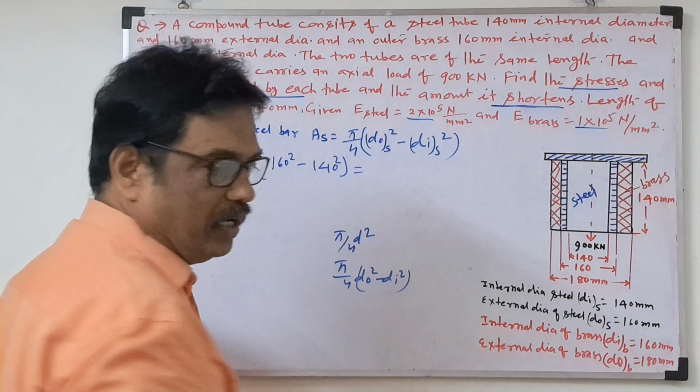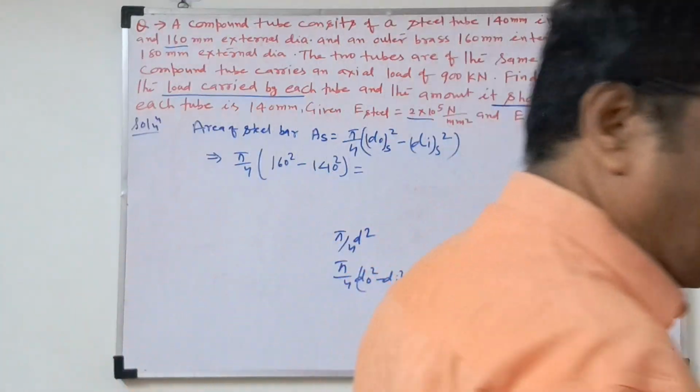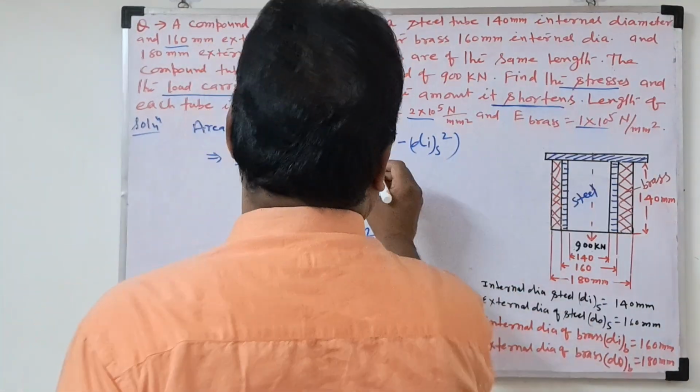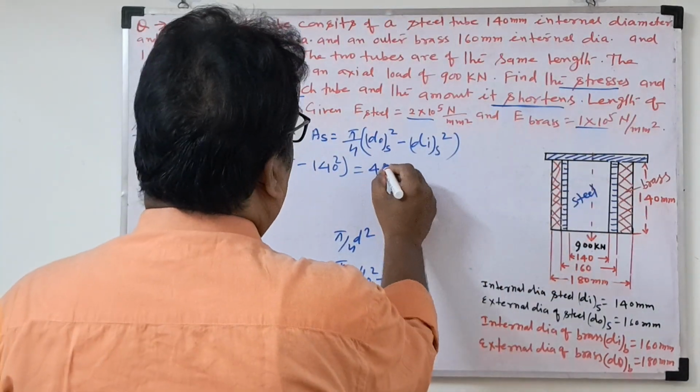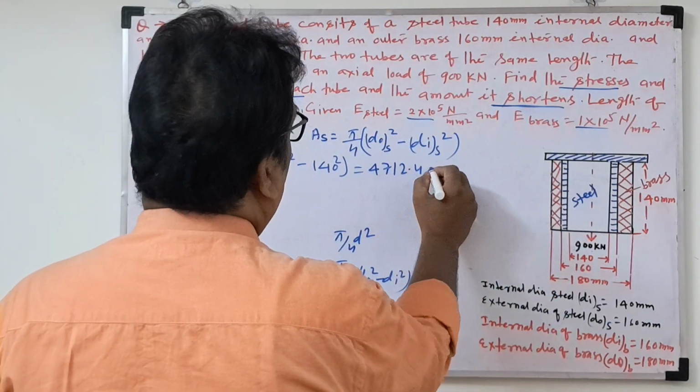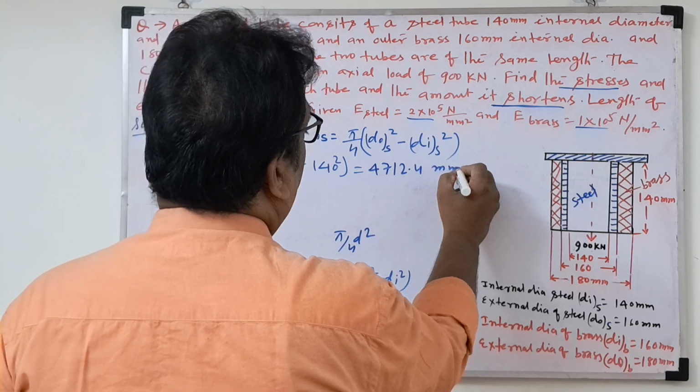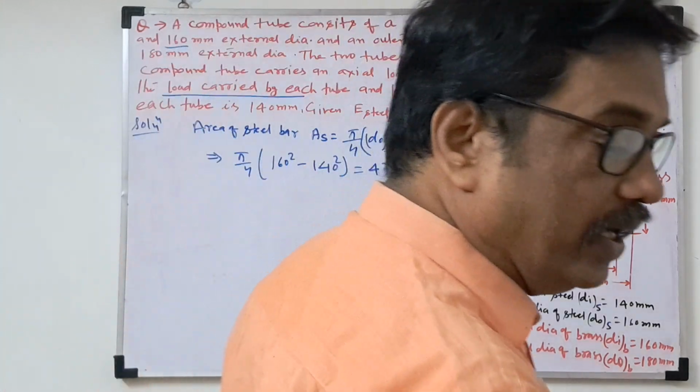This value we already calculated: 4712.4 mm square. This is the area we got.